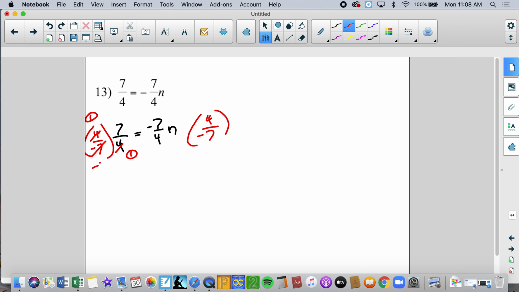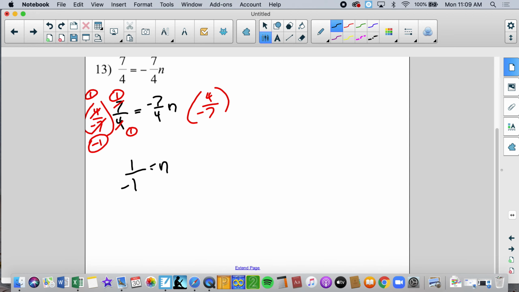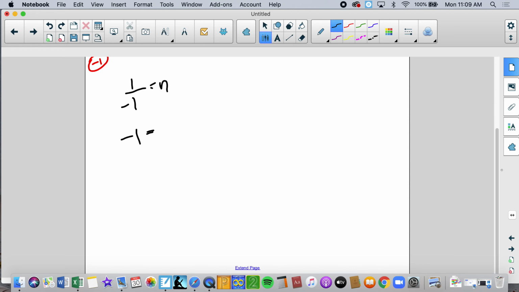The -7 becomes -1, and the 7 becomes 1 because 7 goes into 7 once. 7 goes into -7 -1 times, and you're left with 1. You're left with 1/-1 equals n. You cannot leave it like that. 1/-1 simplifies to -1.